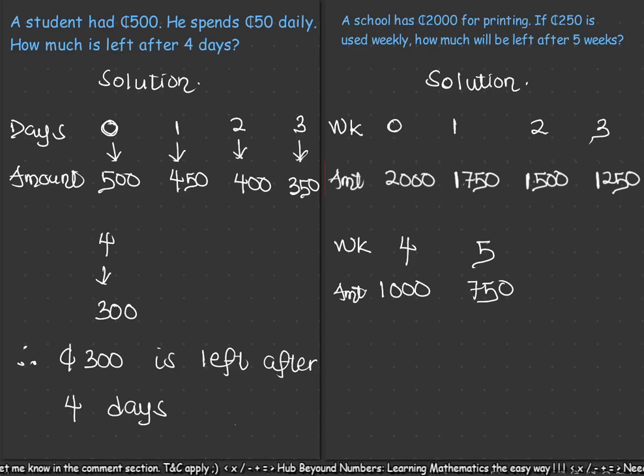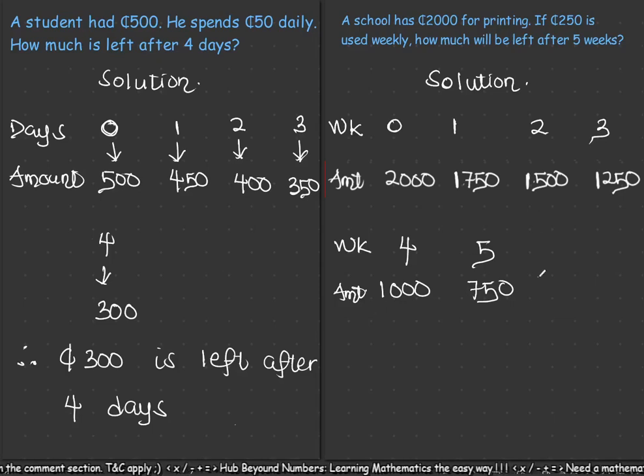So how do we skip count backwards? We said we just subtract the said number. In this case it is 250. We keep subtracting. So from 2,000, if we subtract 250 from it, we have 1,750. We do that again and then we have 1,500.